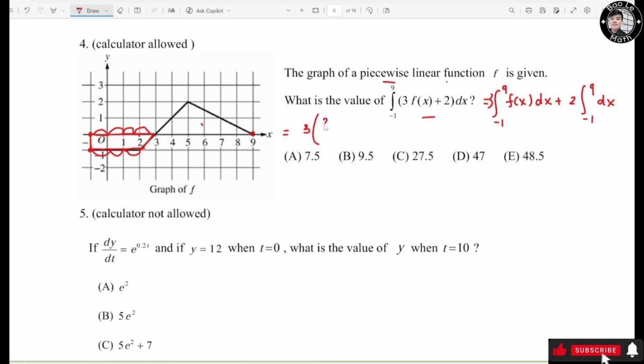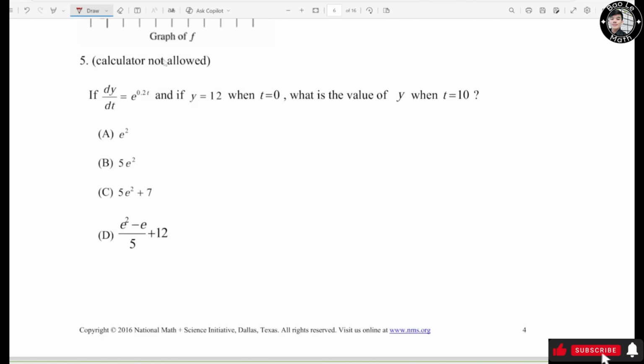So (3 plus 4) times the height, which is 1 right here, divided by 2, plus this one, where the height is 2 and the base is 1, 2, 3, 4, 5, 6. So it will be 6 times 2 divided by 2, plus 2s evaluated from -1 to 9. So it's going to be 27.5.